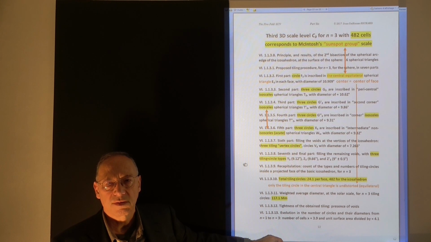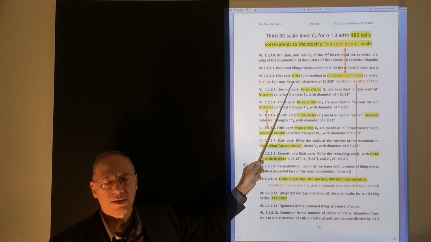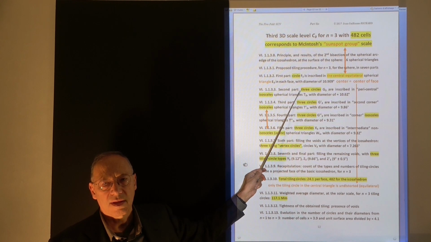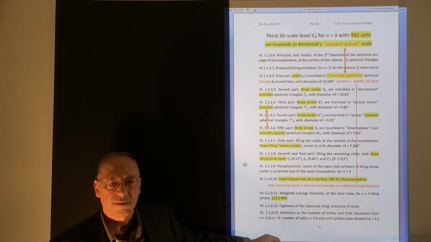at the solar surface. The partitioning procedure is even more complex than the preceding one. We have only one primary circle which will be yielding an equilateral spherical triangle, and the other triangles obtained from this bisection of the edge yield otherwise only isosceles triangles, which are more and more distorted, this being a more acute isosceles triangle.